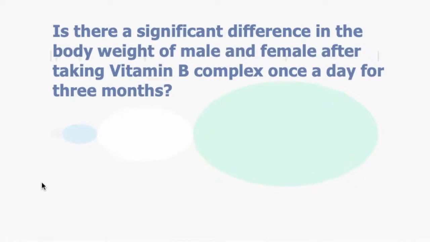To be specific, let's suppose our research question is: is there a significant difference in the body weight of male and female after taking vitamin B complex once a day for 3 months? Of course, we just made up this research question.